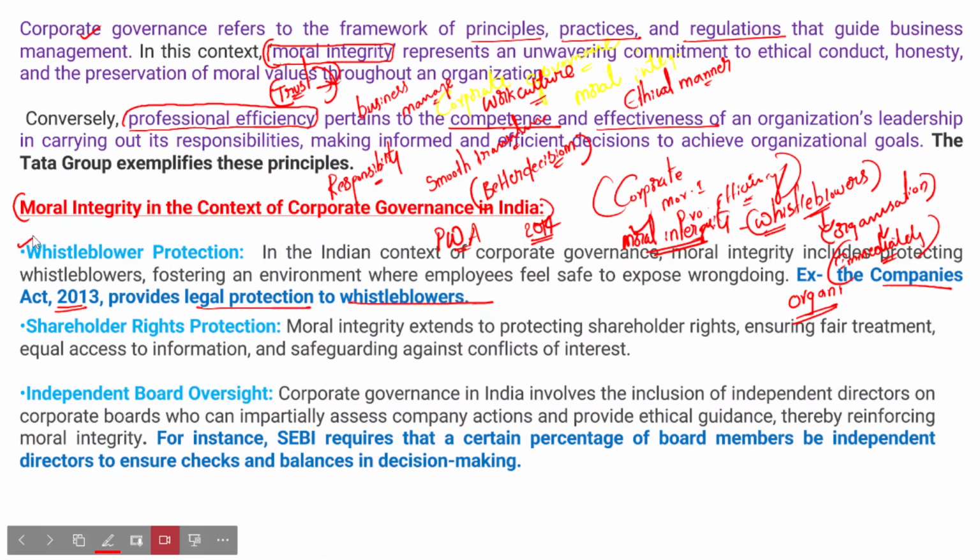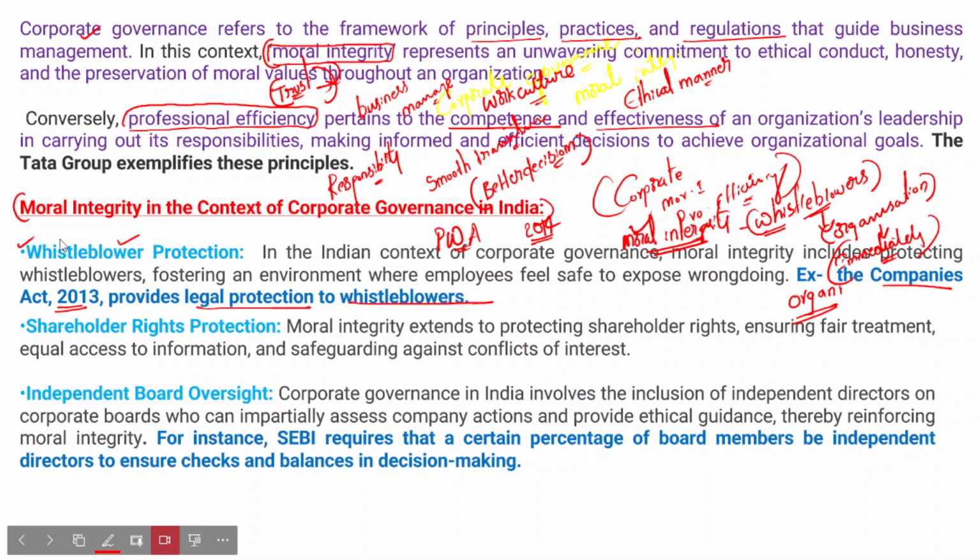A company which has moral integrity will also protect its whistleblowers, because when a company protects its whistleblowers, there's a possibility that they are honest individuals who immediately report any unethical or even illegal practice, and even if they find out corruption within the organization.